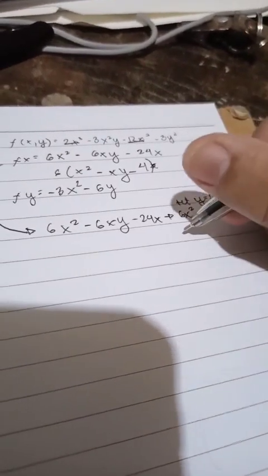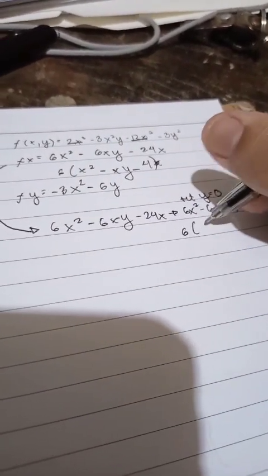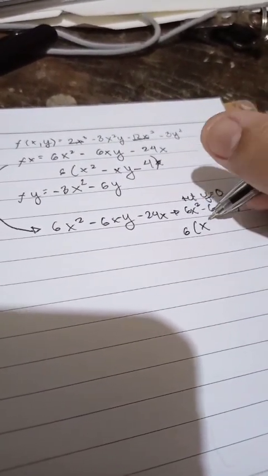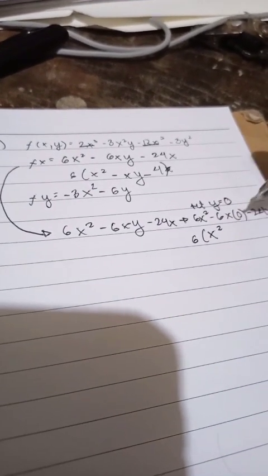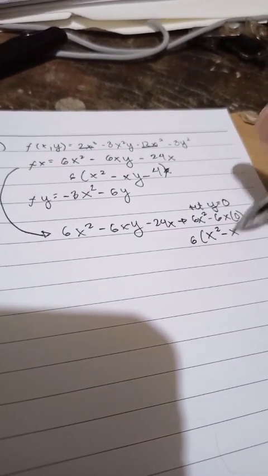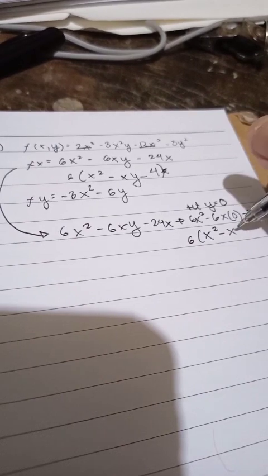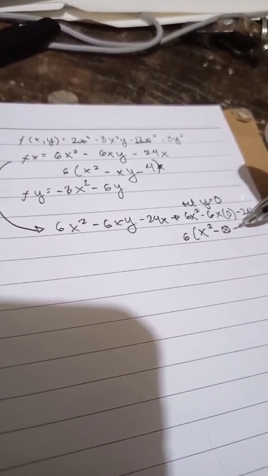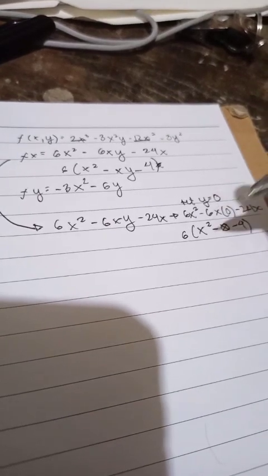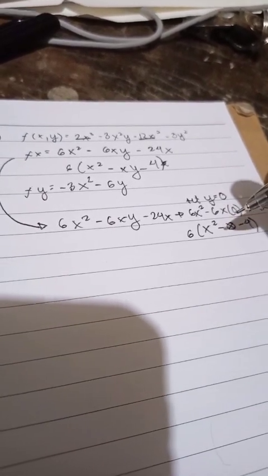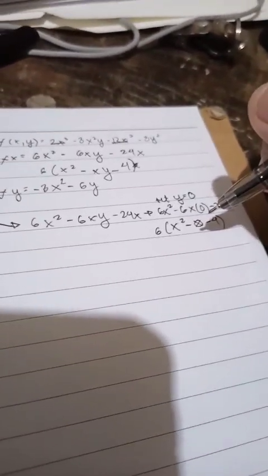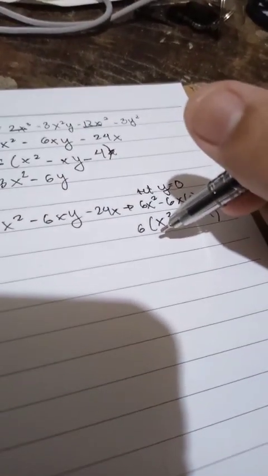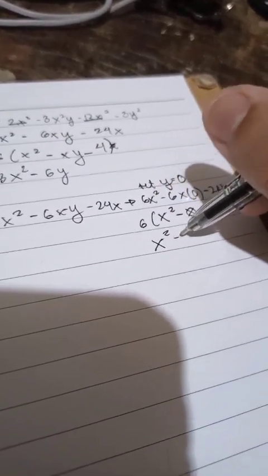When you factor out the 6, and x squared minus x. This is 0 minus 4. You will get x squared minus 4.